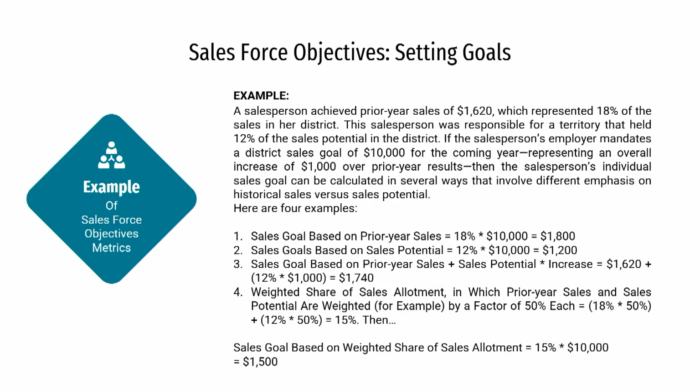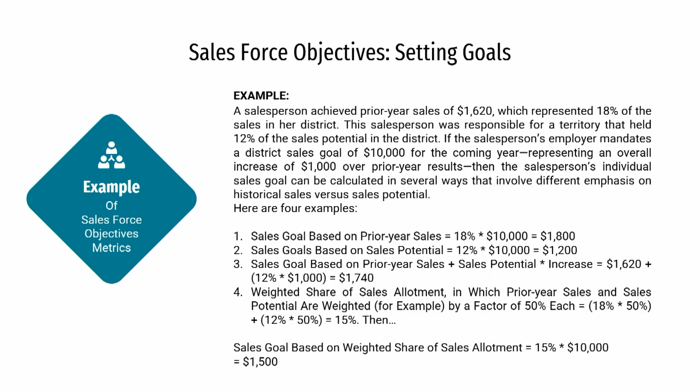The last approach that we discussed is the weighted average of the past performance and the sales potential. So, let us say the weight given to both factors is 50%. In that case I can calculate it this way. First I will calculate the weighted share of the sales allotment, that is 50%. So, 50% of my past performance, which accounted for 18% of the total sales.